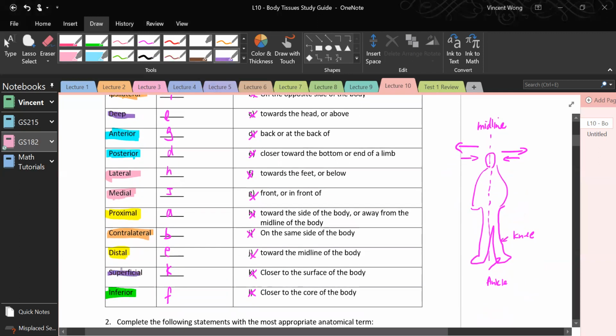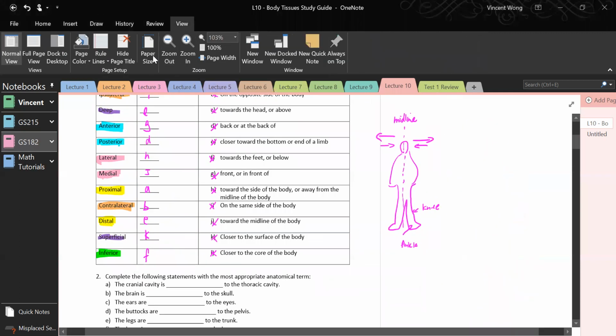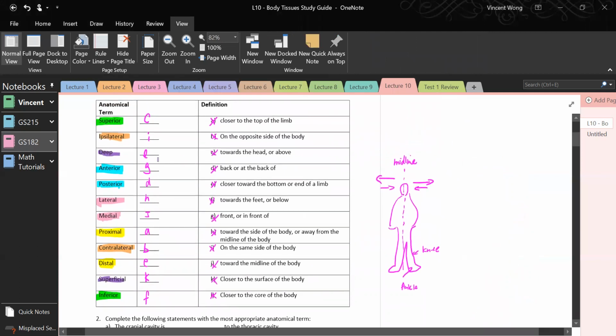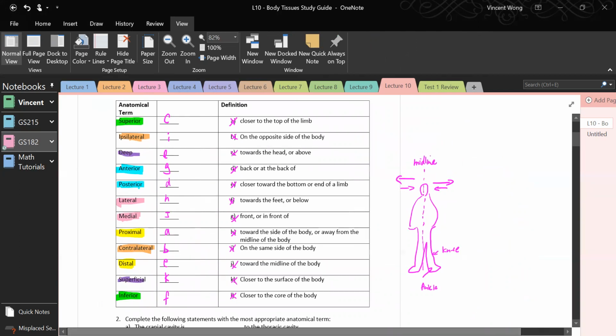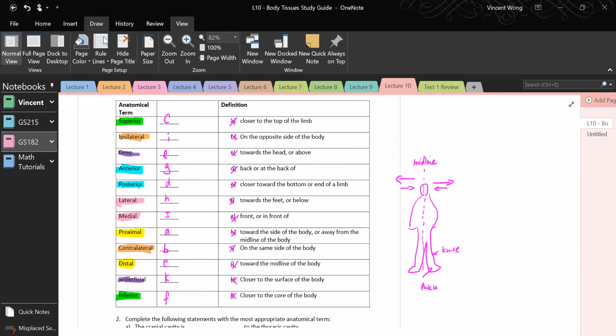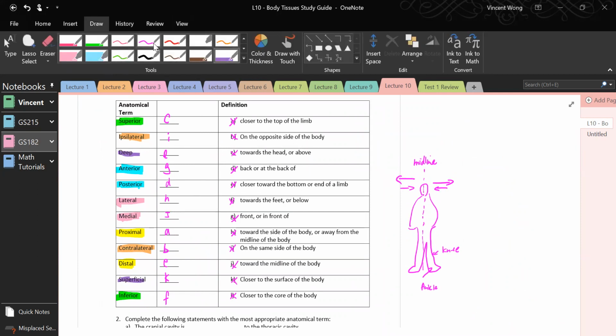So there you have it, those are the anatomical terms. We'll be using these a lot next semester. If I see you again in the second semester, you will hear me using these terms throughout the entire course. Any questions before we move on?